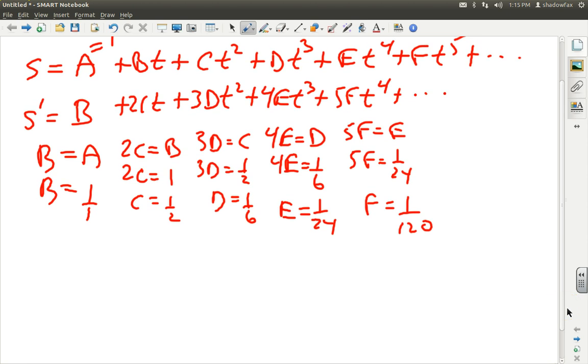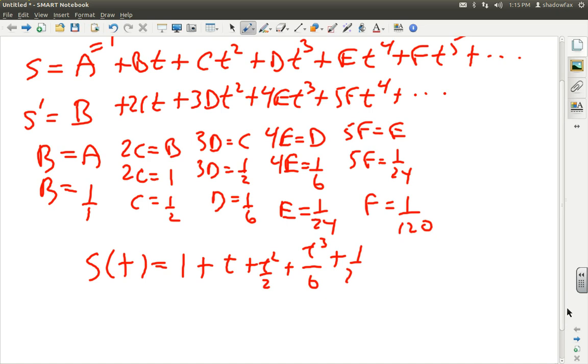Okay, so the solution is s as a function of t, is a, which is 1, plus bt, which is 1t, plus ct squared, which is 1/2 t squared, and 1/6 t cubed, and 1/24th t to the 4th, and t to the 5th over 120.